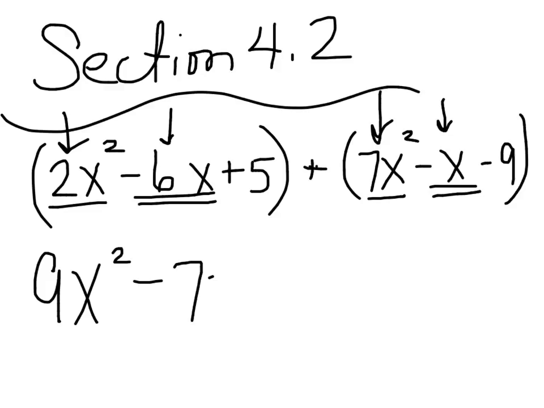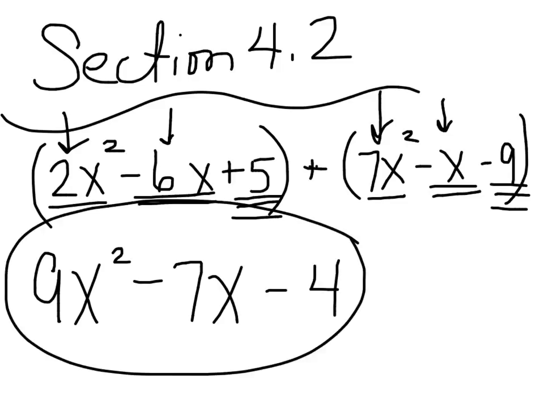Negative 7x, right. I said the answer. Okay. What's 5 plus negative 9? Negative 4. And done. Okay? So that's adding.